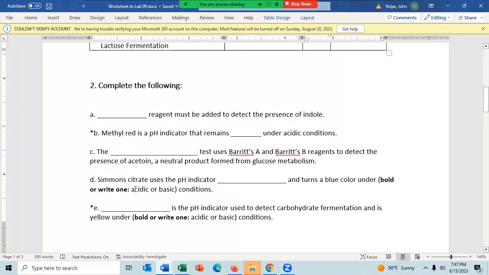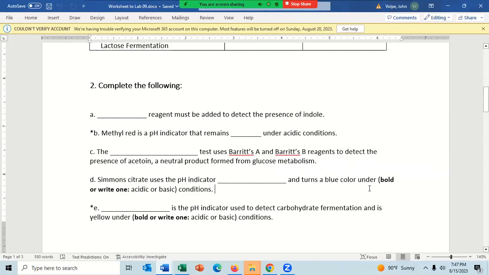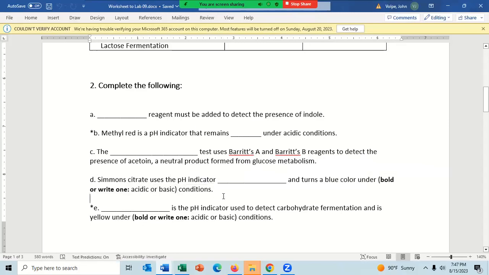D, Simmons citrate uses a pH indicator. Give me the name of the pH indicator. And it turns blue under, and you have to either bold or write it out, acidic or basic conditions. I guess you could underline it as well. Okay, you have to distinguish what it is. Either acidic or basic conditions, the pH indicator turns blue.